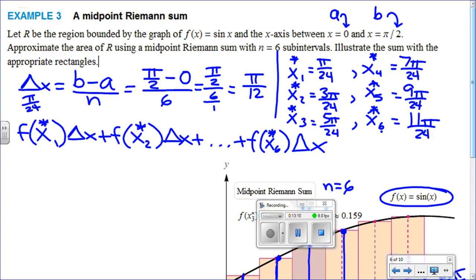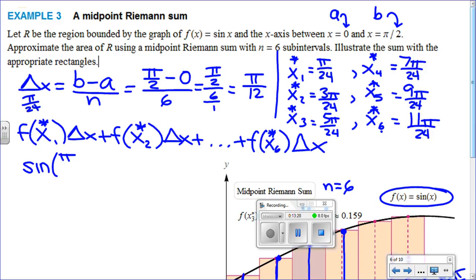Now what is the function that we're talking about? Sine of x. So we'll put sine of that midpoint, which at this time let's just put as pi over 24.